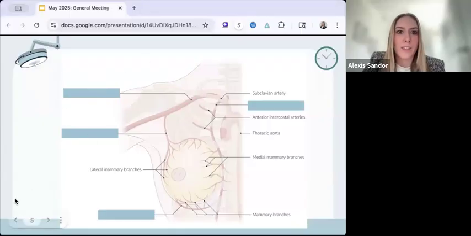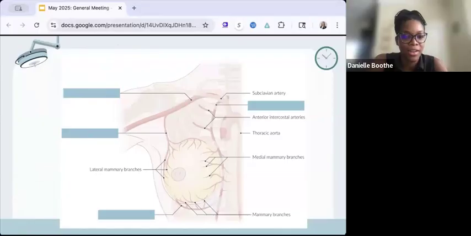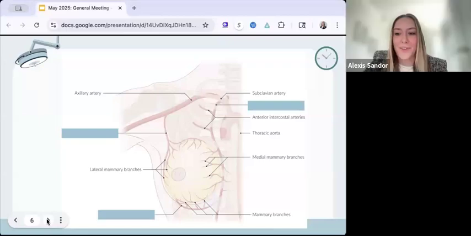Does anyone know what that one is? You can unmute if you feel comfortable. That's the axillary artery. That is correct. Danielle, you got it. Future surgeon in the making.